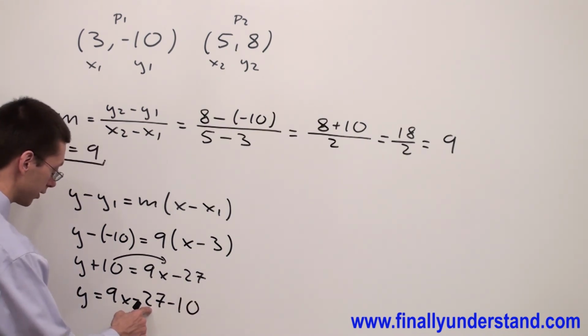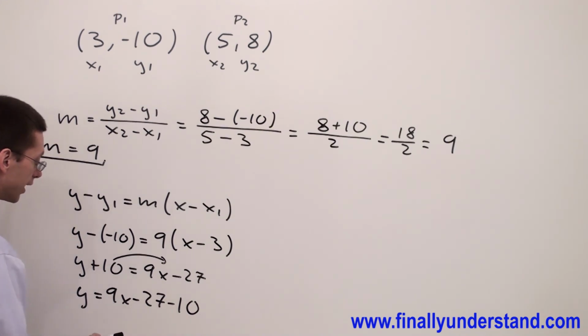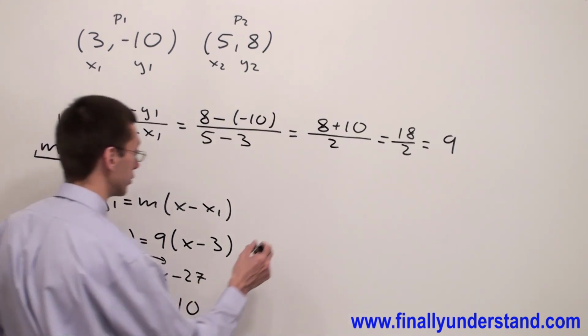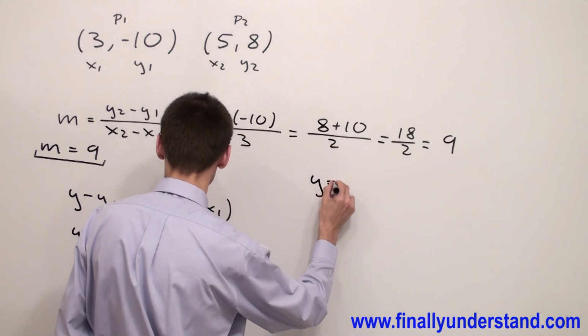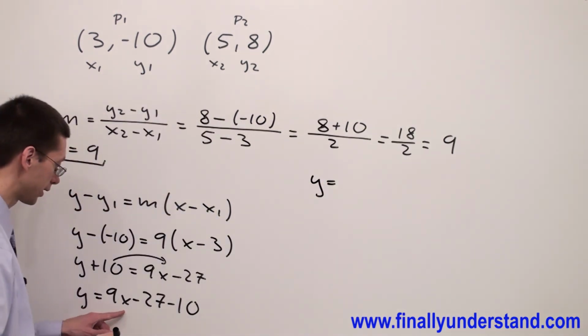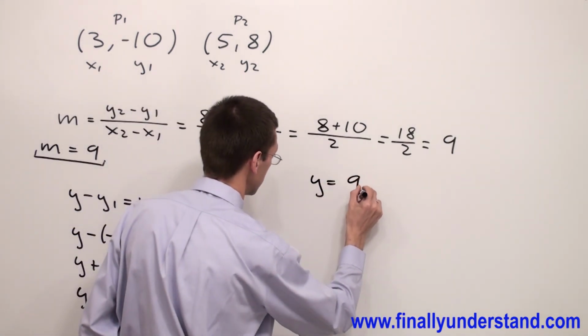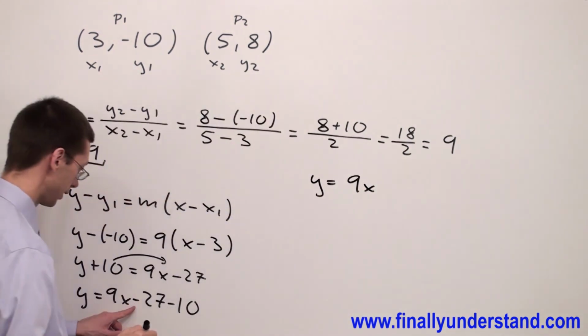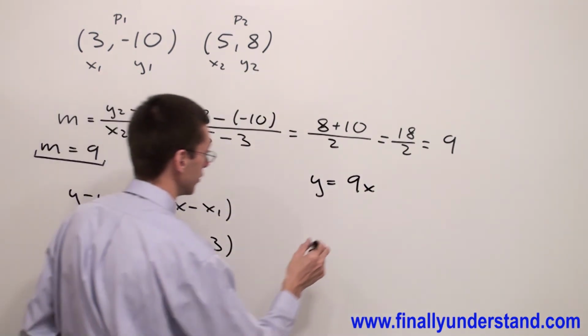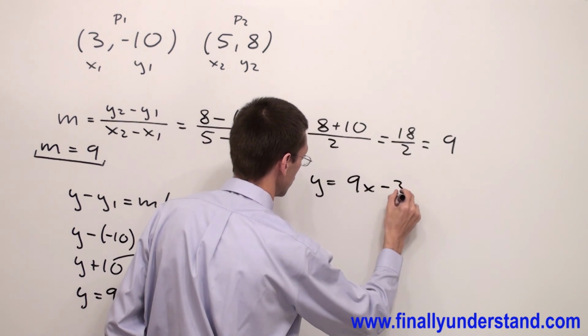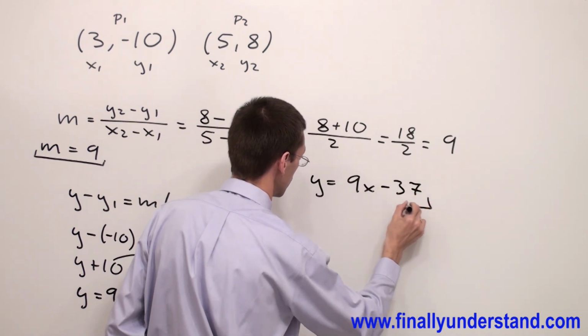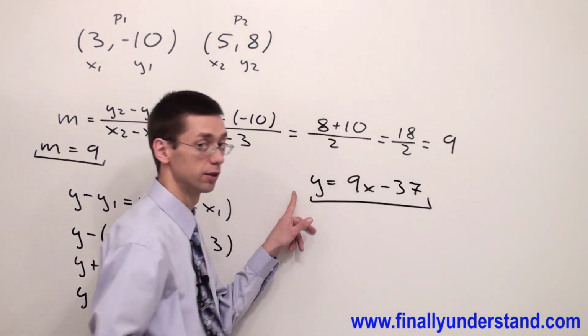Negative 27 minus 10 is equal to negative 37. That's why I'm going to write y is equal to 9x minus 37. And this is the solution to my problem.